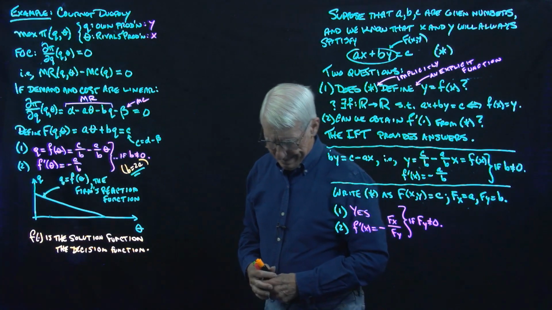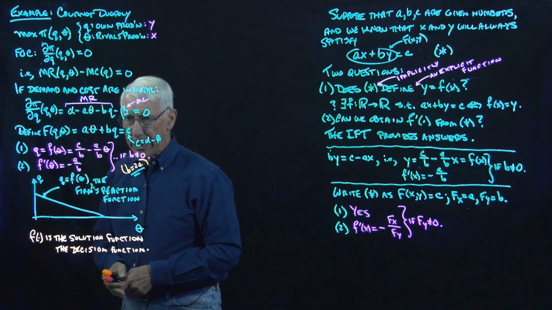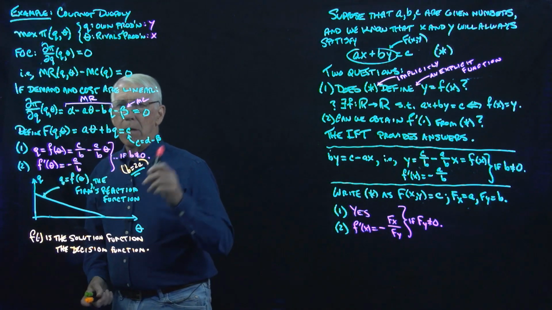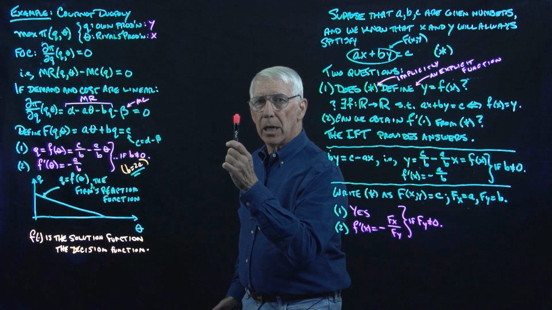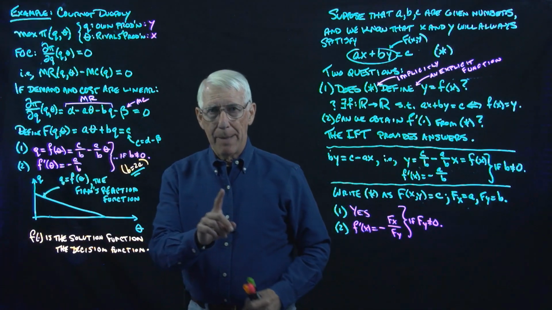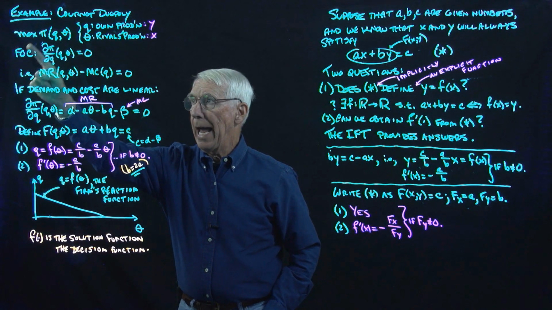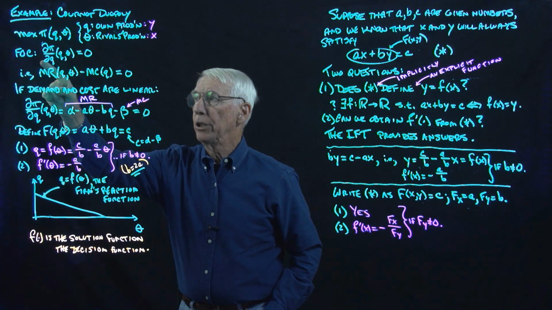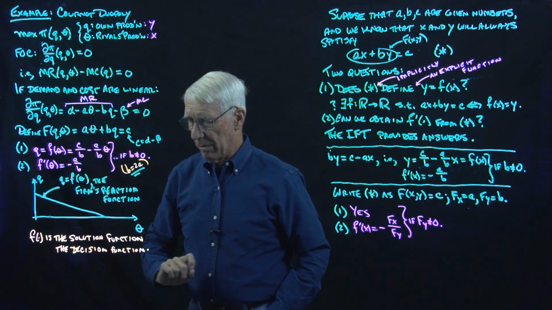And let's also point out that this is a classic economics application of the implicit function theorem. Application to an optimization problem, and in particular, an application to the first order conditions in the optimization problem.